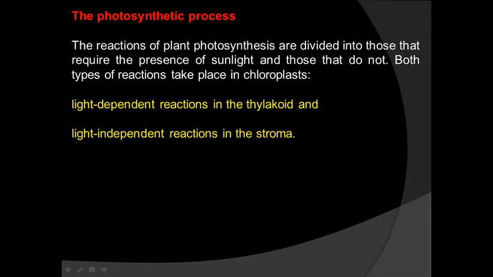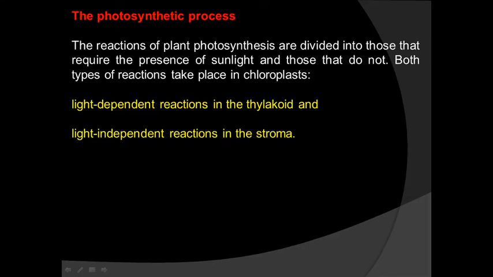The complete process of photosynthesis is divided into two parts. The first part is known as the light dependent phase, and the second part is known as the light independent phase.